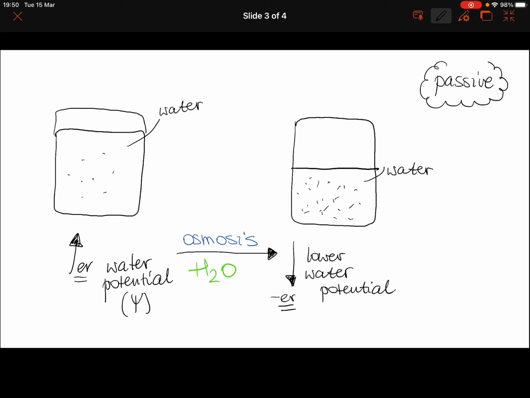Same as simple diffusion and facilitated diffusion, osmosis is also a passive process. The final process of transport across the membrane that you need to be aware of is co-transport.